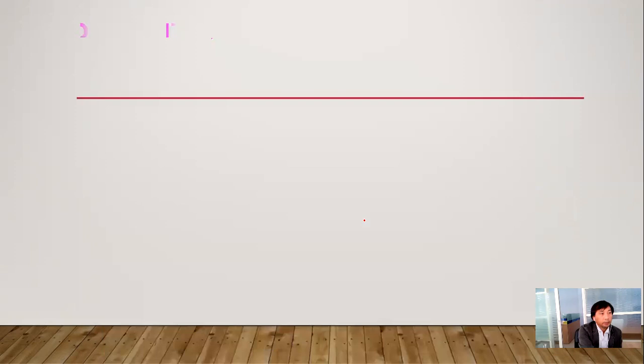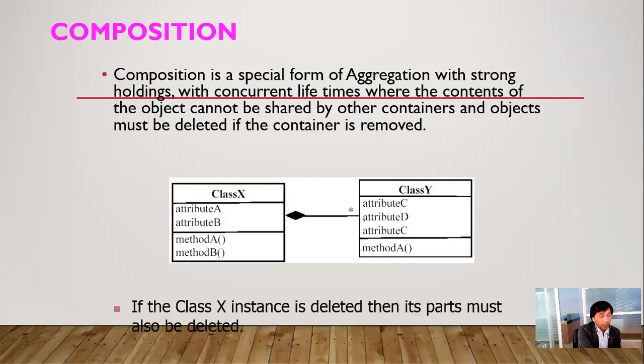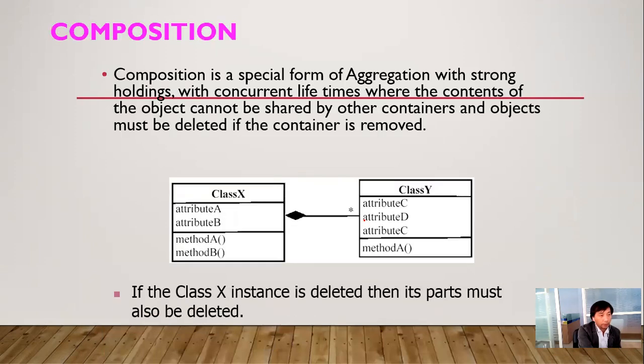Okay, and the next kind of variation of a relationship is called composition. The composition is the strongest kind of relationship. It's a special form of aggregation with a strong holding and concurrent lifetimes, where the contents of the object cannot be shared by other containers, and the object must be deleted if the container is removed.